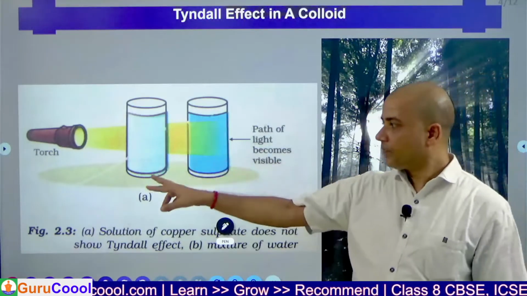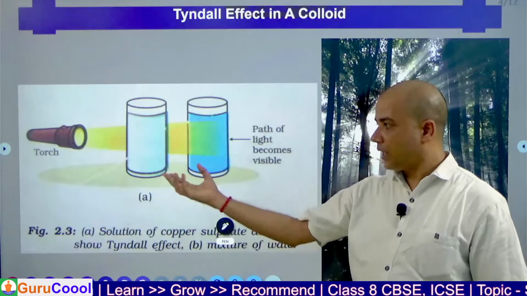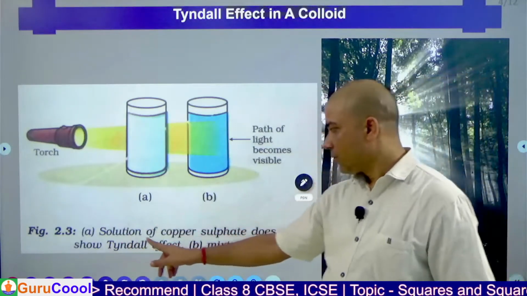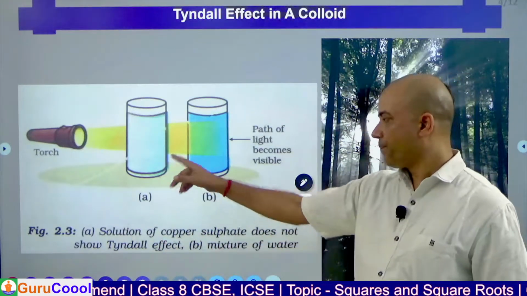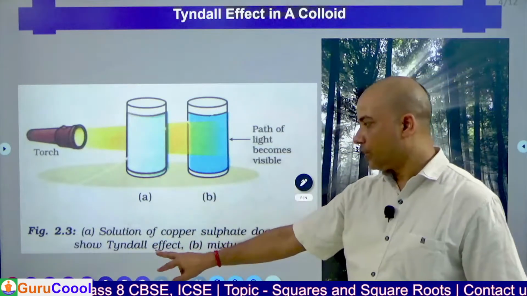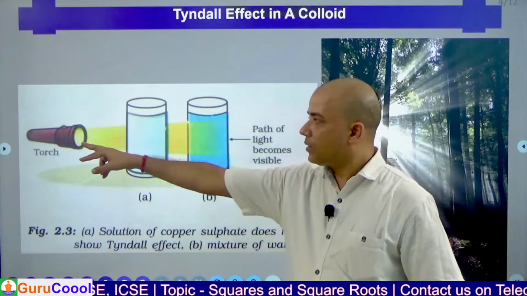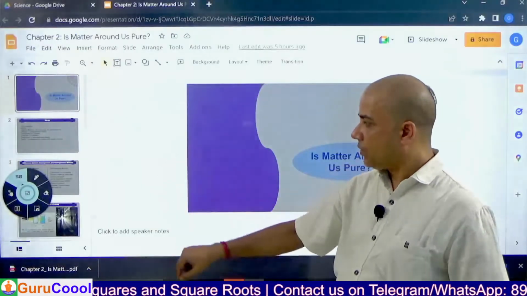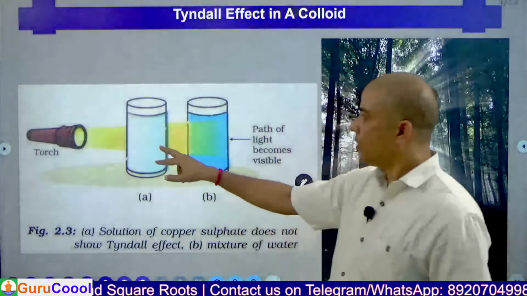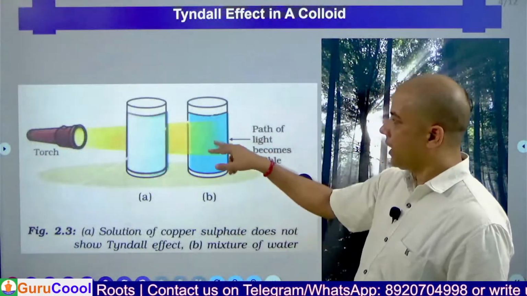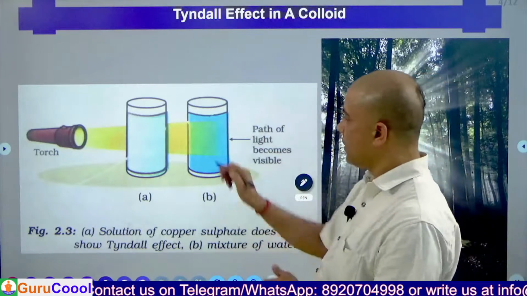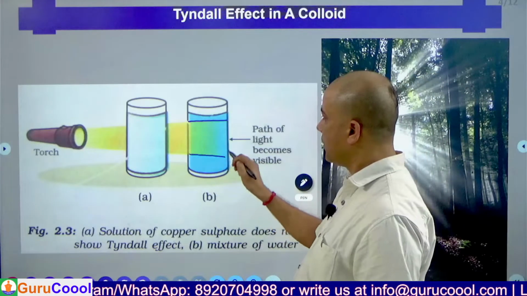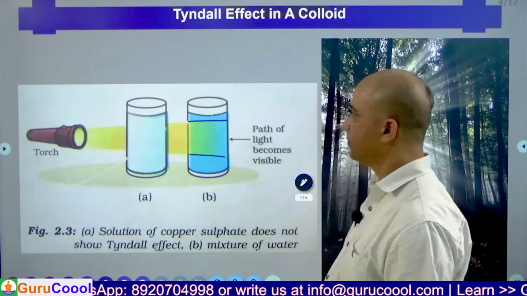Here, see, there are two containers containing some liquids, some solutions. In the first one, the solution of copper sulfate does not show the Tyndall effect. The light is passing through, but the path is not visible. But in the second one, you can see the path is visible. I hope you are able to see this lining, right?